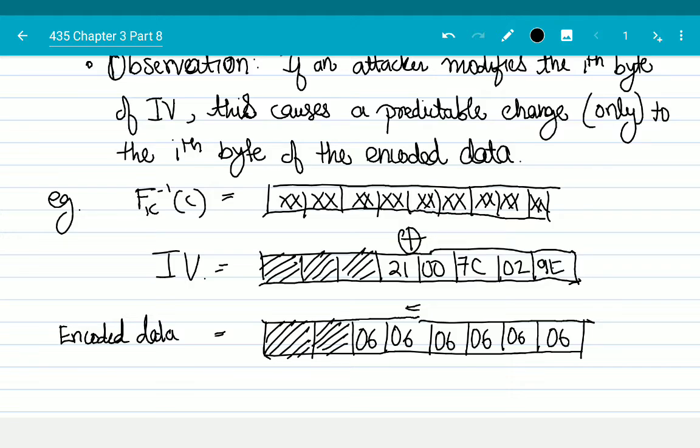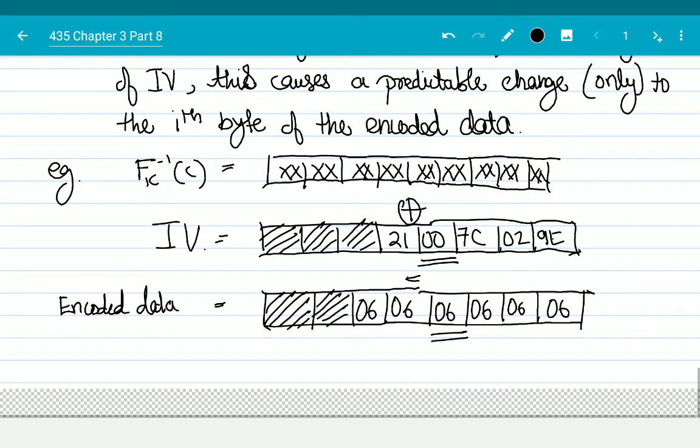And now, if I change one of these bits to make it 0, 1, it's going to affect only this bit, right?